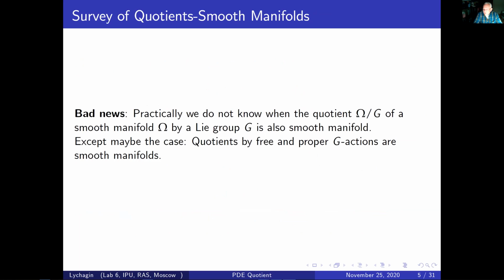It's a source of G-bundles, very popular in geometry. But in applications, especially applications to differential equations, it's very rare that we will get free and proper actions. And that's all that, at least, I know about quotients. Everybody knows about, say, irrational winding theory, where the quotient will be so ugly that it's very difficult to imagine how ugly it is.